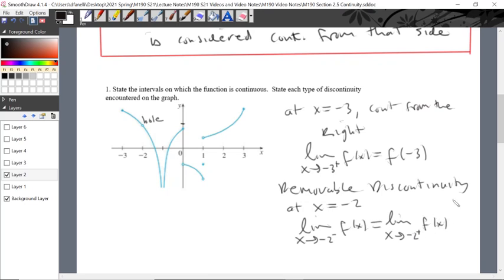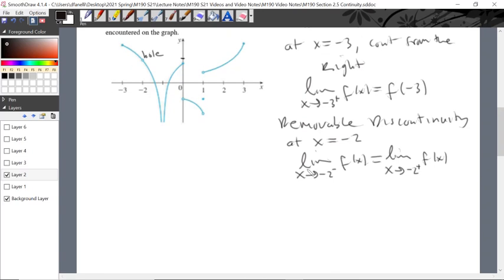So those two equal each other. And remember, if the limit from the left and the limit from the right both equal each other, then the limit overall exists. So the limit as x approaches -2 of f of x exists, and it is finite. We can see because it approaches a finite y value here.